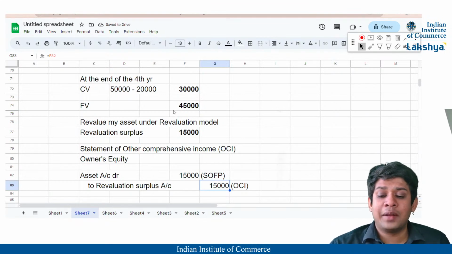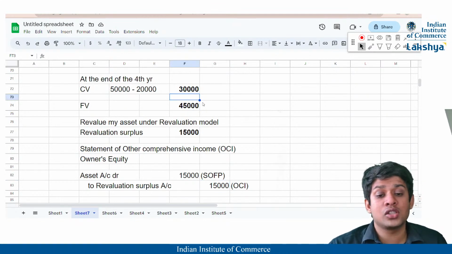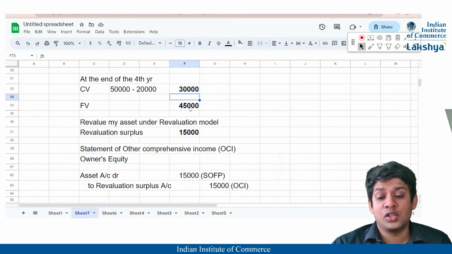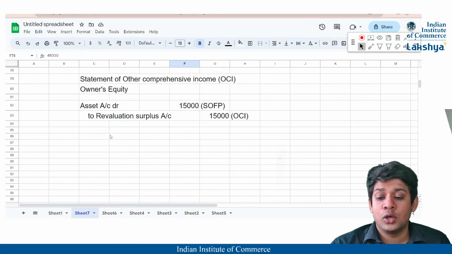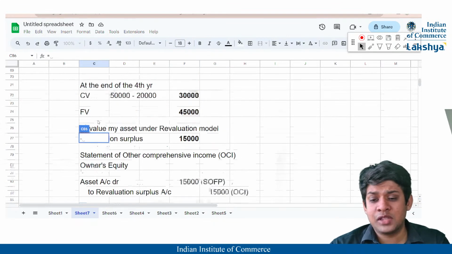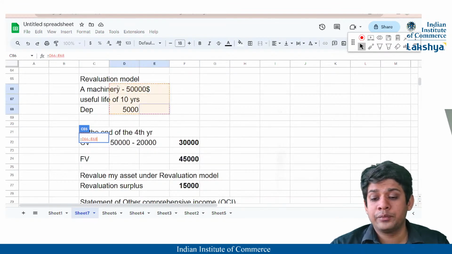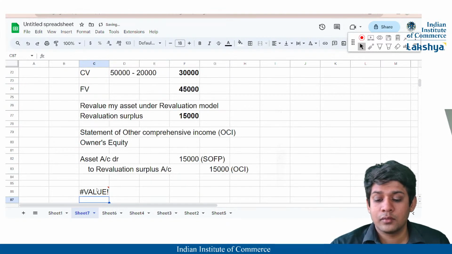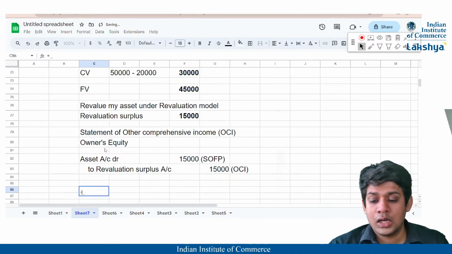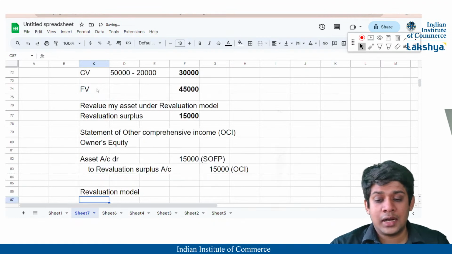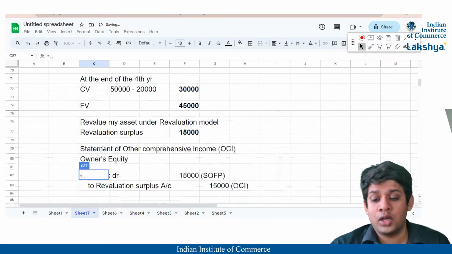Okay. Now, guys, you all might be thinking that the fair value has increased, but there could probably be a revaluation loss instead, right? There is also a possibility that there could be a revaluation loss. So I'll take the same scenario where I'm adopting the revaluation model.